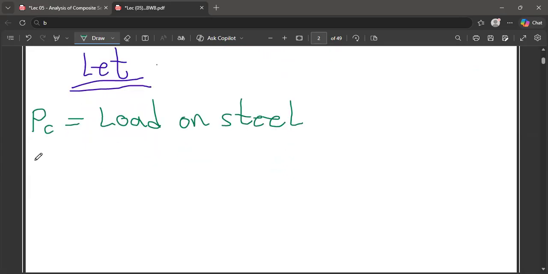Let PS be equal to the load on steel, and also let PC be the load on copper.